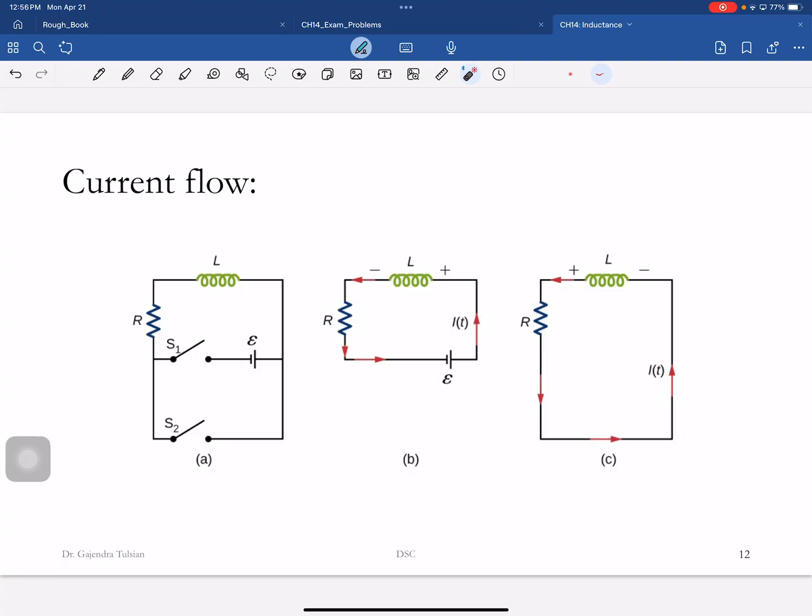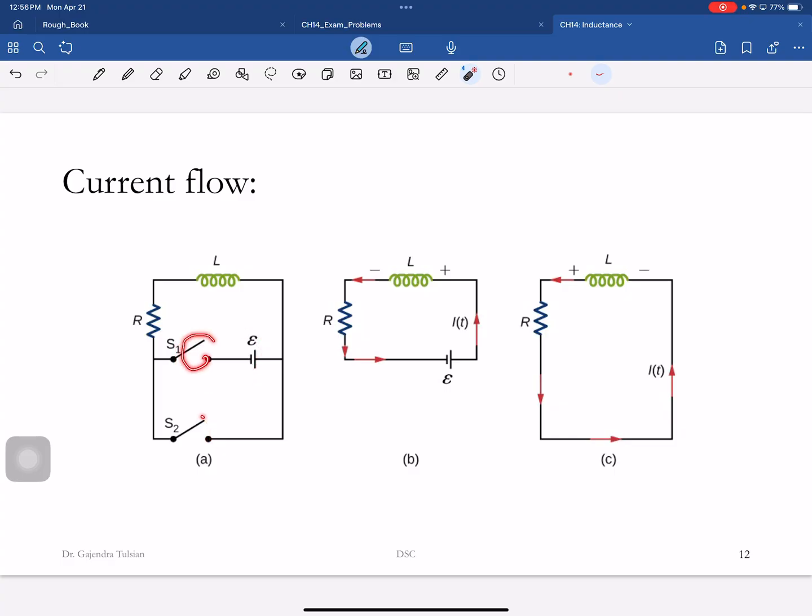So here's another depiction of this same thing. Initially, this switch was closed, and you had an inductor and a resistor, and a steady state current was established. And then what you're going to do is you're going to open this switch and close this switch. When you open this switch, the battery is removed, and when you close this switch, you're doing it simultaneously.